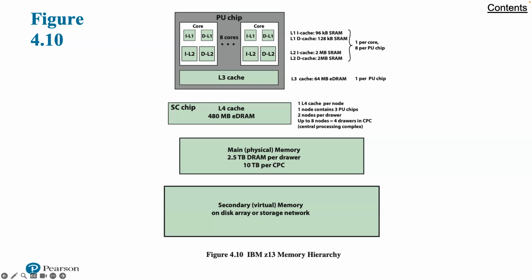So those are just some of the specifics here. I won't continue reading all this in detail. The main storage has up to 2.5 terabytes of addressable memory. The secondary memory holds the virtual memory and is stored on disk, accessed by the various I/O technologies.